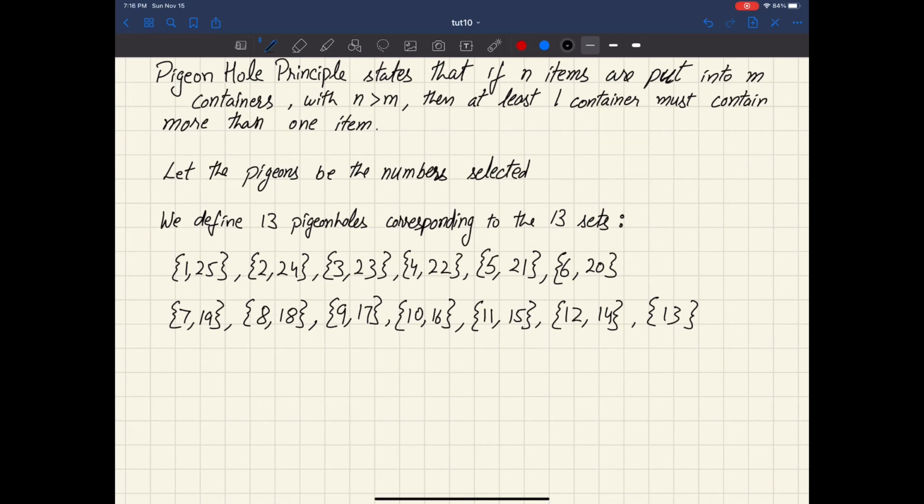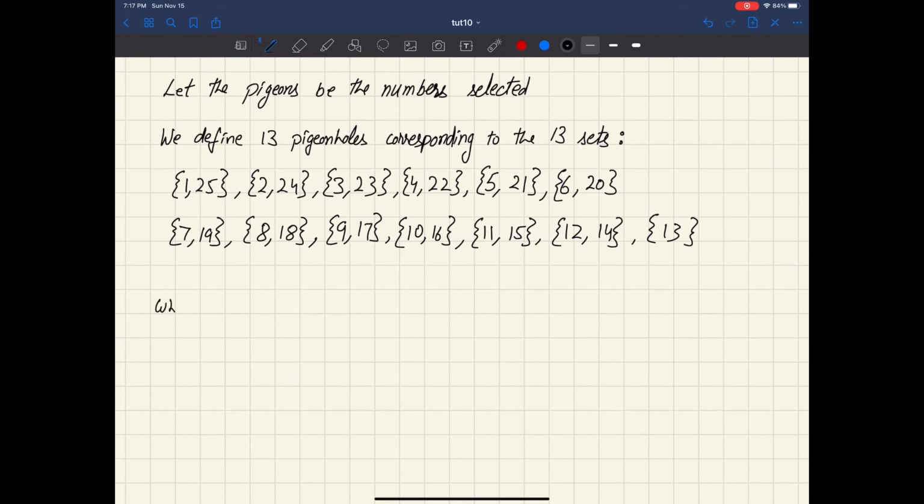Now here, one thing to note is that the numbers in each of the first 12 sets sum up to 26, and there is no pair of distinct numbers containing 13 that sum to 26.